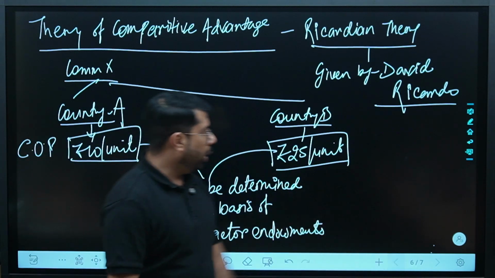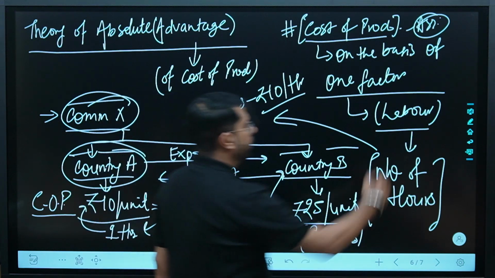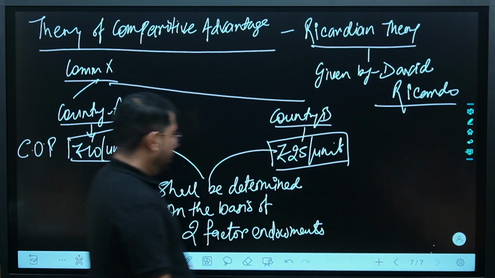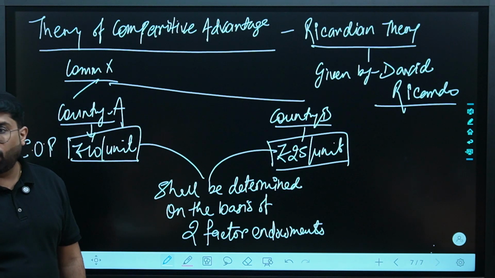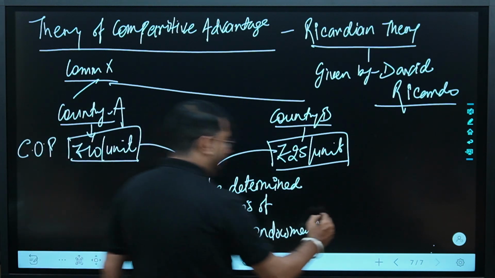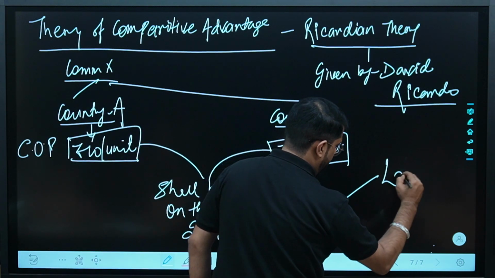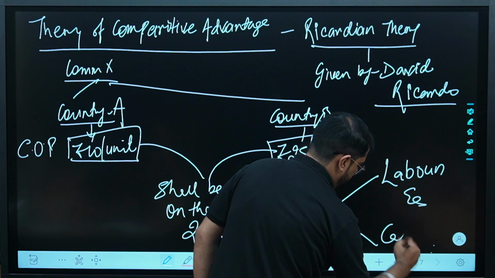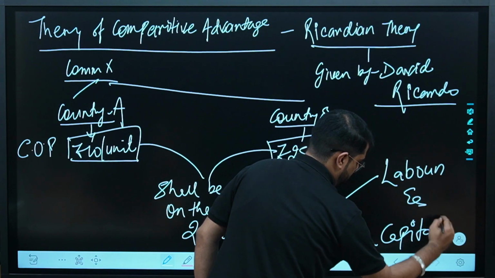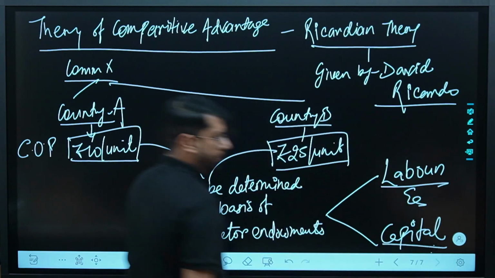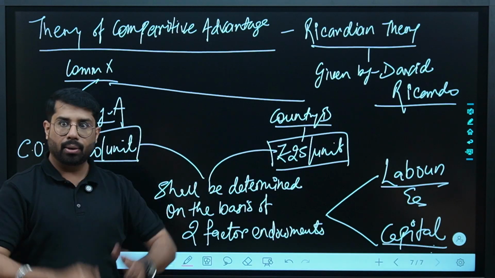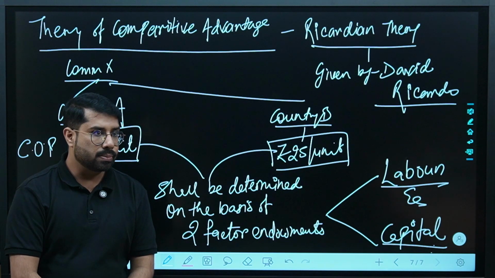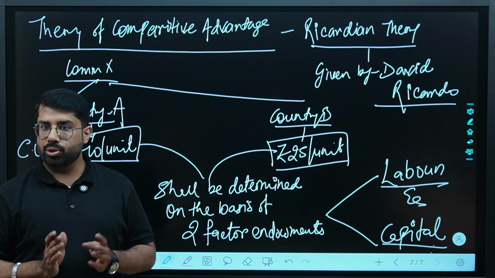Here you saw that cost was being determined on the basis of one factor only, labor. Here it is saying cost will be decided on the basis of two factor endowments, which are labor and capital combined. Are we clear? Yes, sir.